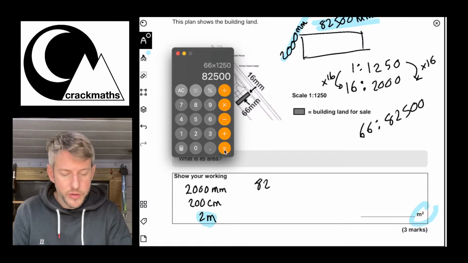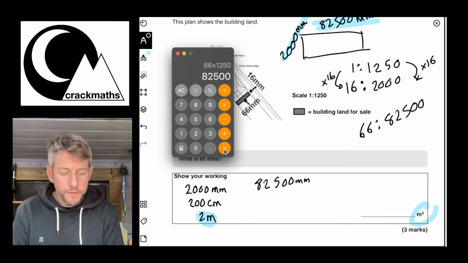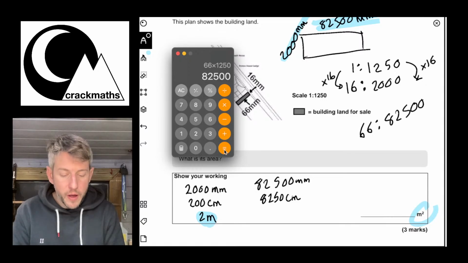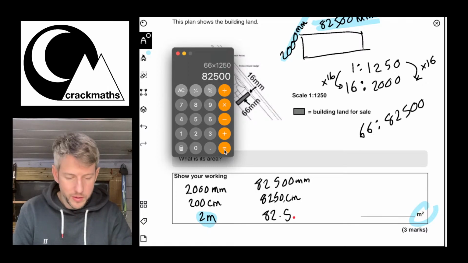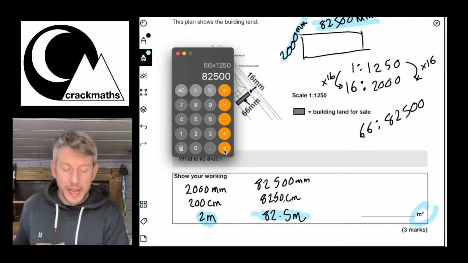So 82,500. So this is millimeters. So for centimeters, we knock off a 0. So that's 8,250 centimeters. And then for meters, we divide it by 100. So it will be 82.5 meters. Okay, great. There we go. So we've got the length and the width.